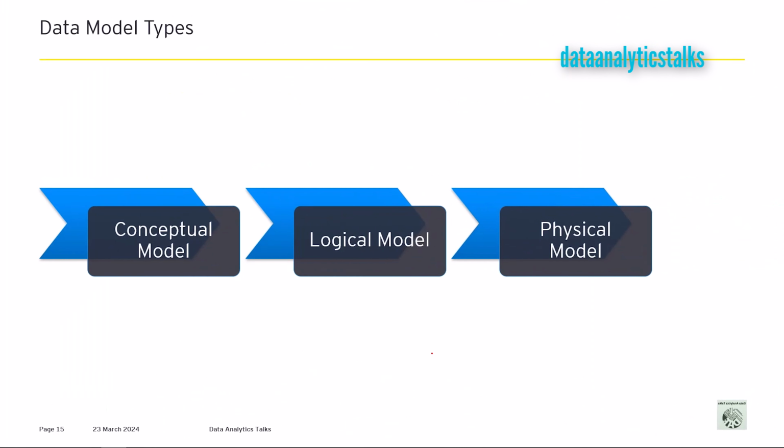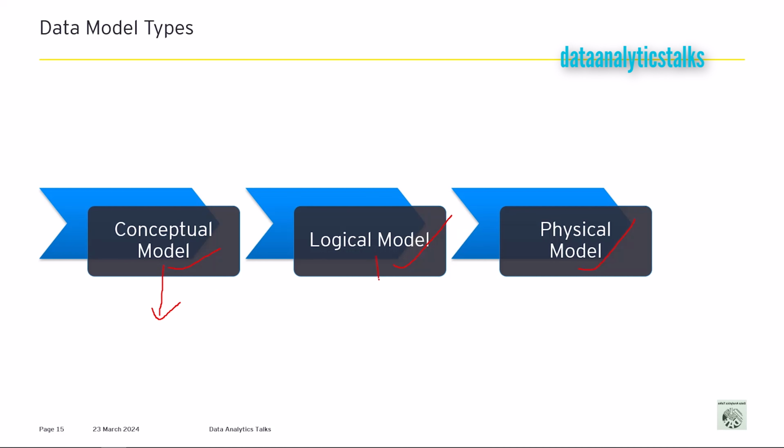This is very important. The model starts from the conceptual model, then the logical model, then finally we create the physical model, then we generate the script for our database. So what is a conceptual model? The conceptual model establishes the entities, their attributes, and their relationships. It more resembles the real world entities.